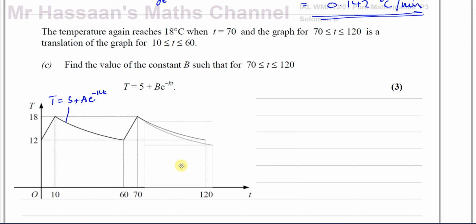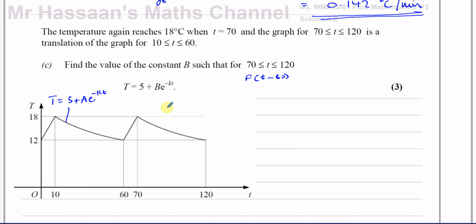It's translated 60 units to the right. So it's like f of T minus 60, because remember, when it's inside the function, it does the opposite. It's a horizontal translation of 60 units to the right, because for example 10 goes to 70, and 60 goes to 120.